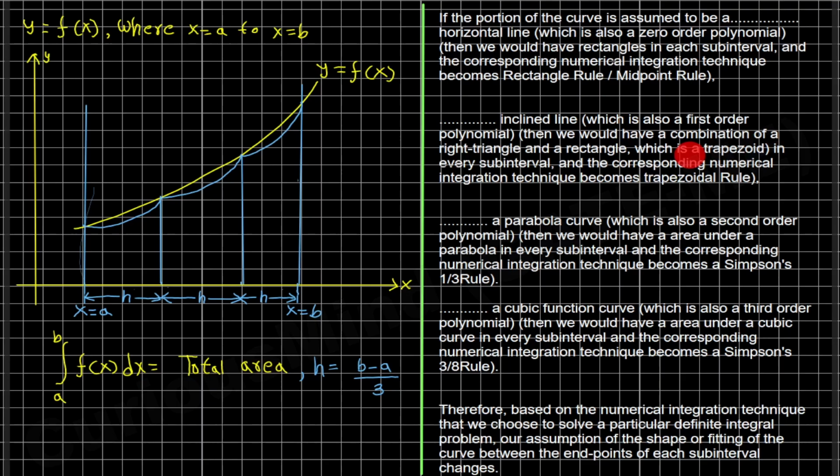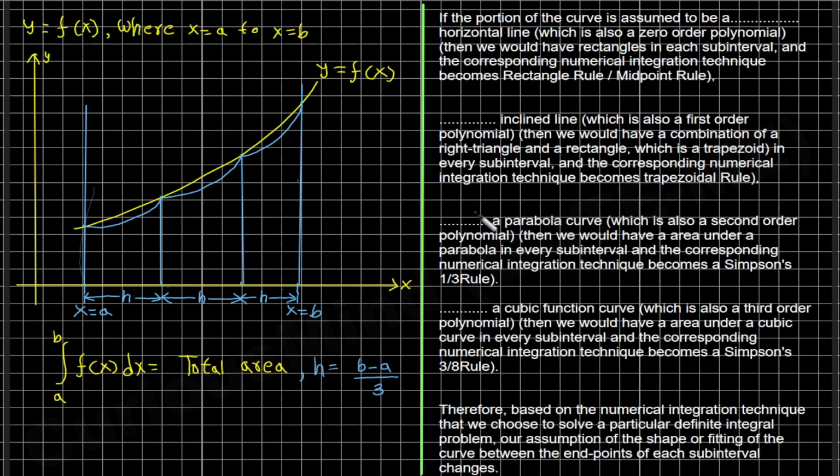The combined shape of the triangle and the rectangle would be a trapezoid in every subinterval, and the corresponding numerical integration technique becomes the trapezoidal rule.